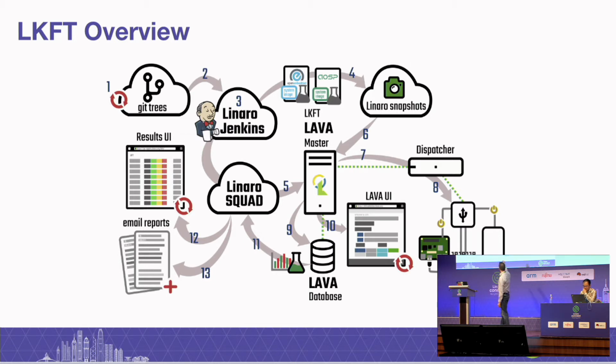The LAVA server fetches the images for each of the hardware platforms, so a HiKey device here, maybe a phone here, and then it tells the dispatcher, execute these tests. When the execution's completed, the results go to the database. The LAVA dashboard stores the results of execution in the test results. And Linaro SQUAD pulls the test results from the LAVA database, sends out an email report, and posts the results in our results UI.